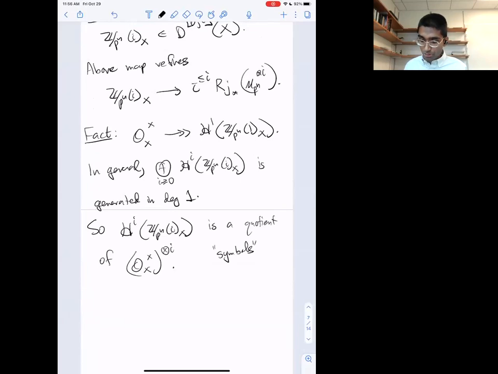So in particular, this is saying that the top degree cohomology of Z/p^n twisted by i is all coming from local units on the scheme. And so that says something about the image of this comparison map above. So this controls the image of the comparison map in the top degree.